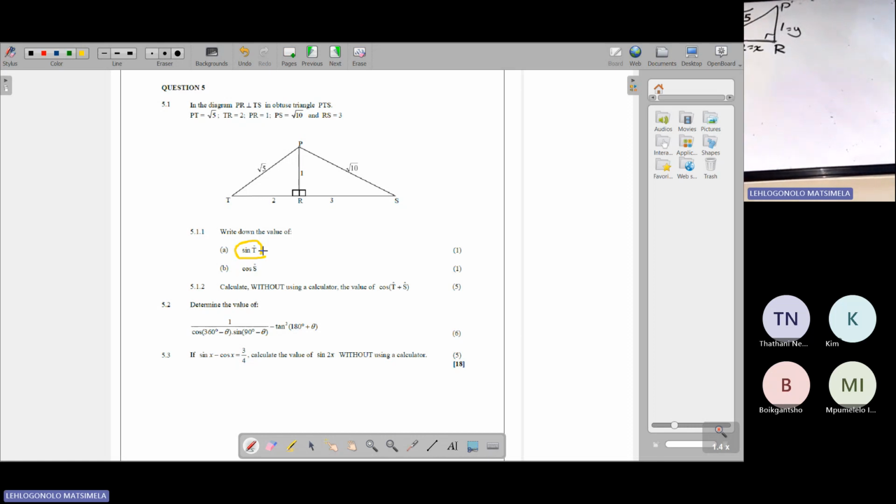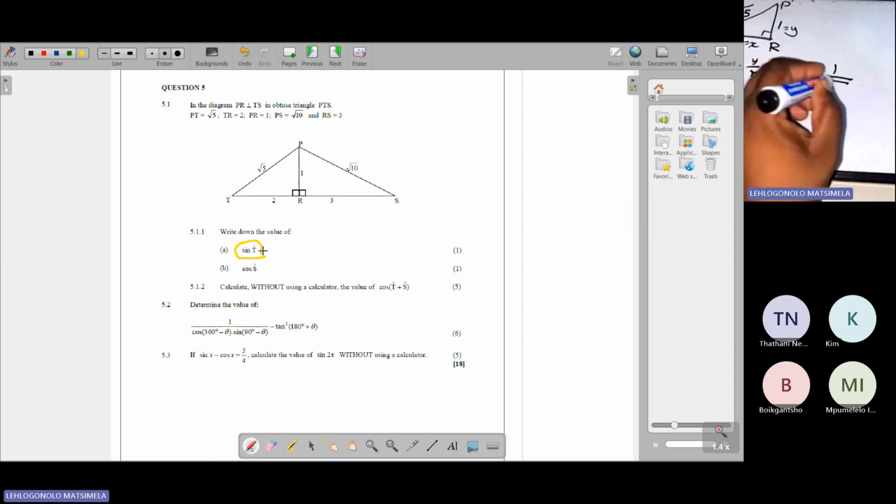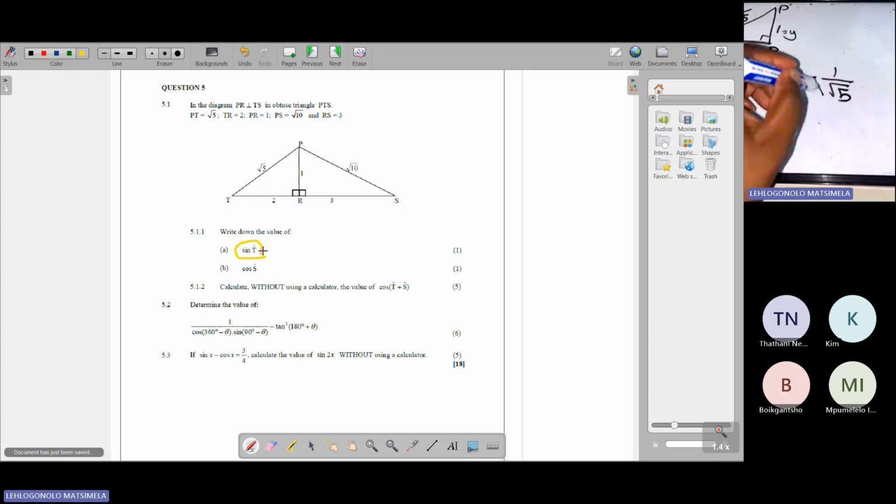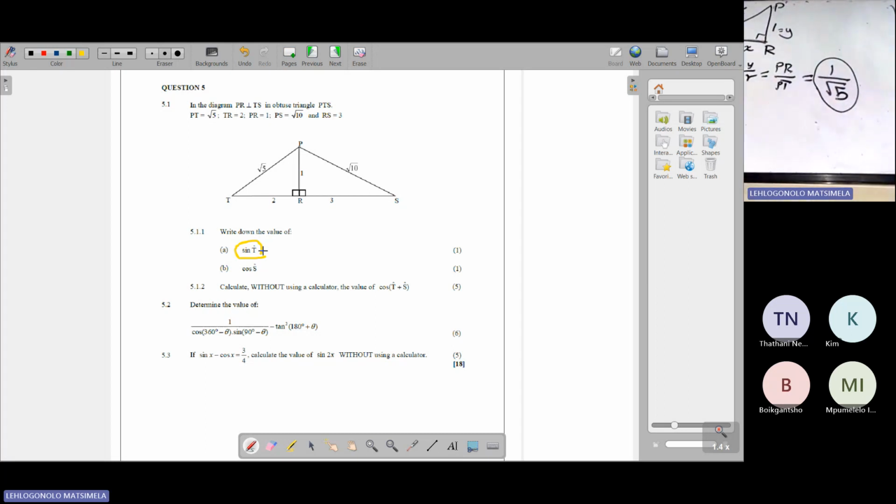So sine angle t is y over r, which is PR over PT, which is 1 over root of 5. This is the answer they are looking for. You can even see already it's 1 mark.